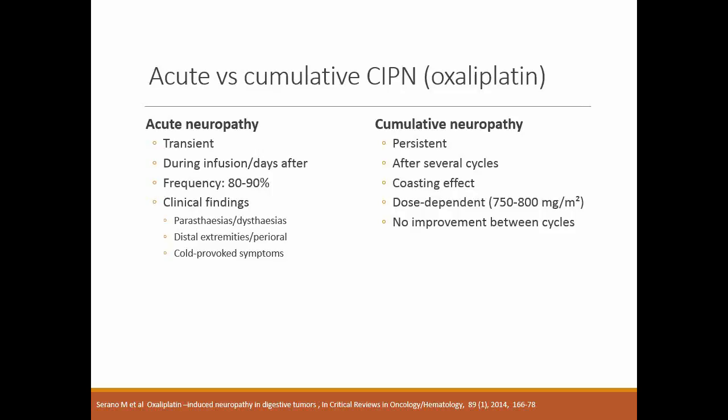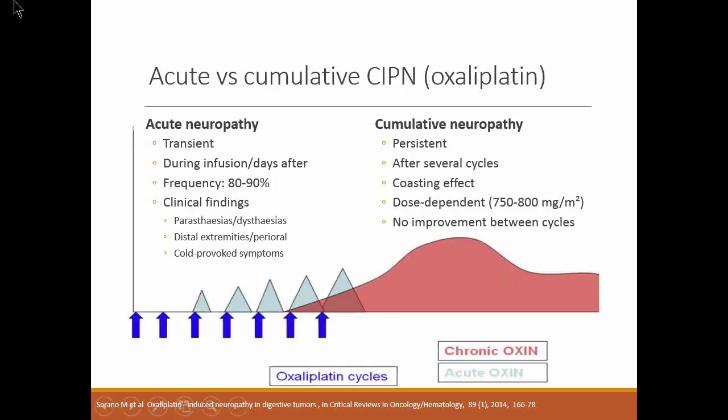We're looking at ways of predicting who is most susceptible to painful chemotherapy-induced peripheral neuropathies. And there's no improvement between cycles. And here's a nice little graph, just to show you the timeline of how acute starts and how it disappears between cycles, and that phases into the more cumulative, persistent, painful chemotherapy-induced peripheral neuropathies.